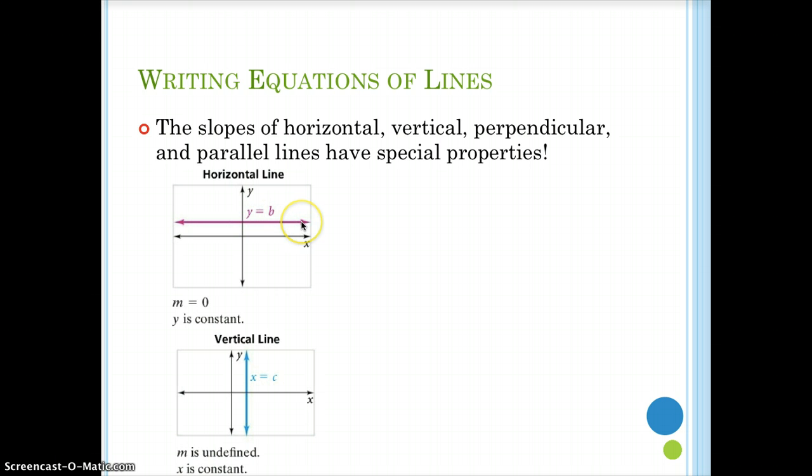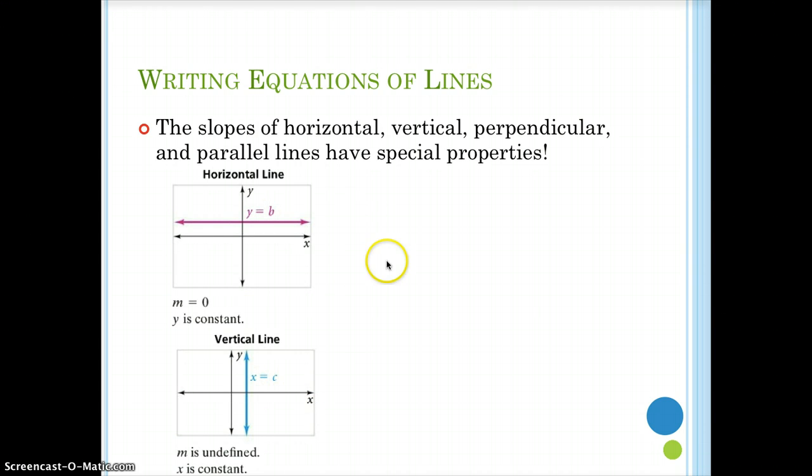All the points on this line have the same y coordinate. All the points on this line have the same x coordinate. So there is a logic behind why they look the way they look, but again, you may just have to memorize it if you're feeling a little confused.